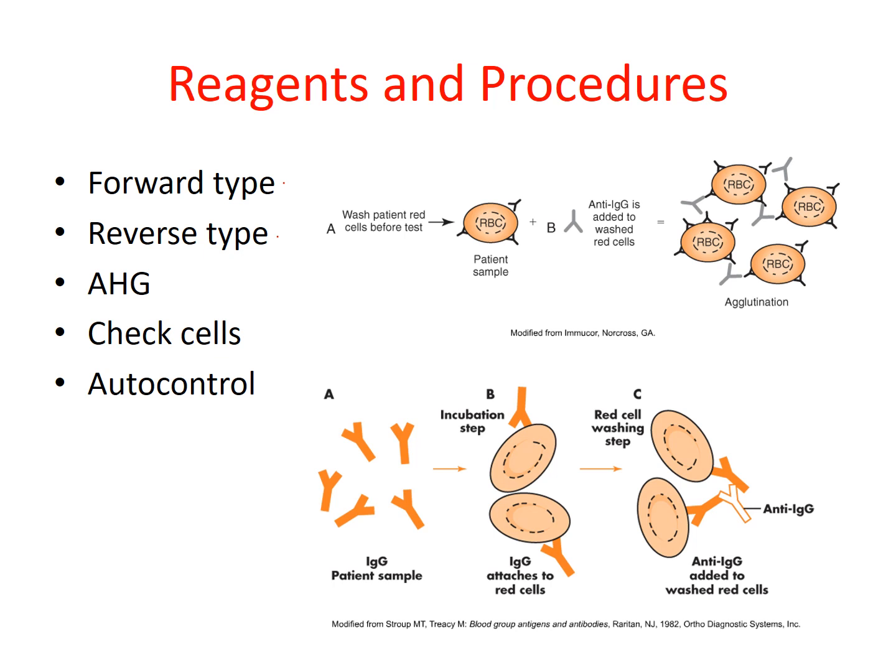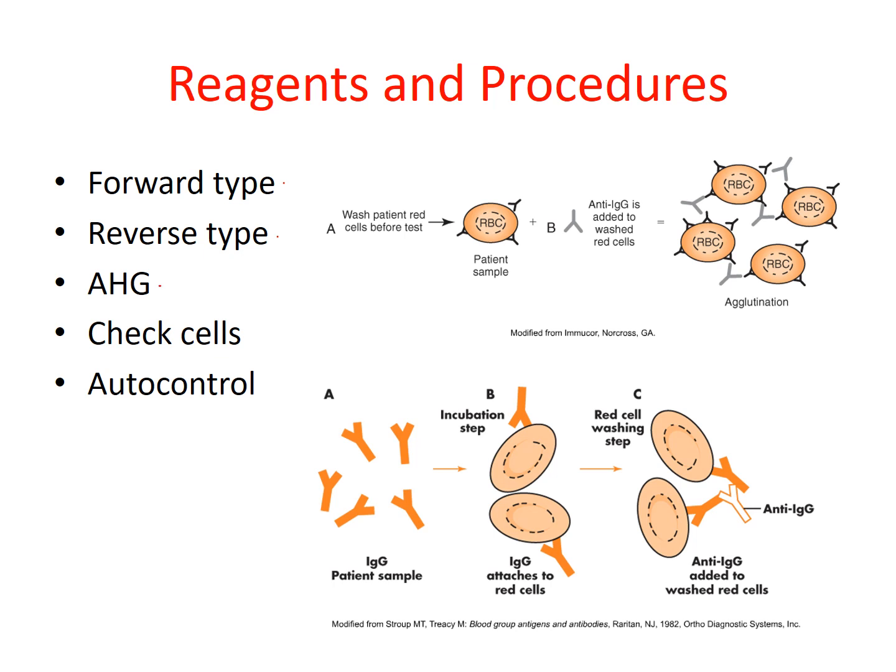In the forward type, using the patient red cell against known antisera, you're looking for what antigens are present on that patient cell. In the reverse, what you're looking for is what antibodies are present in that patient's serum, okay? And they should match, okay? Otherwise, you have a discrepancy.